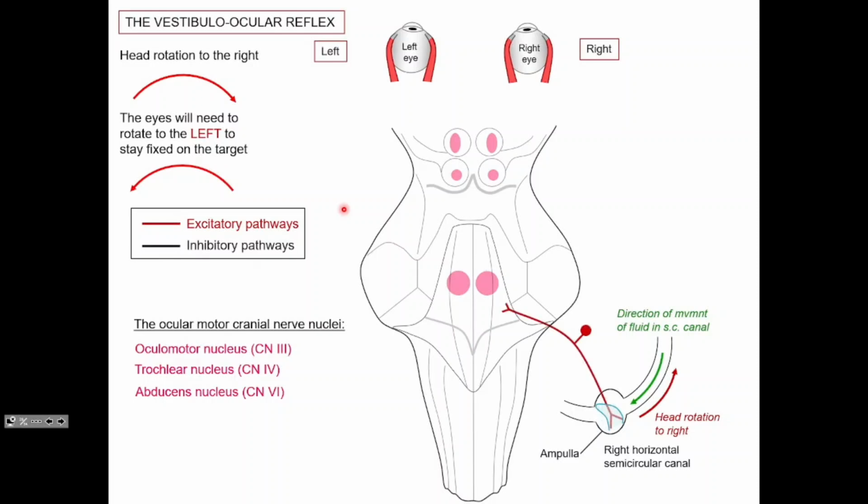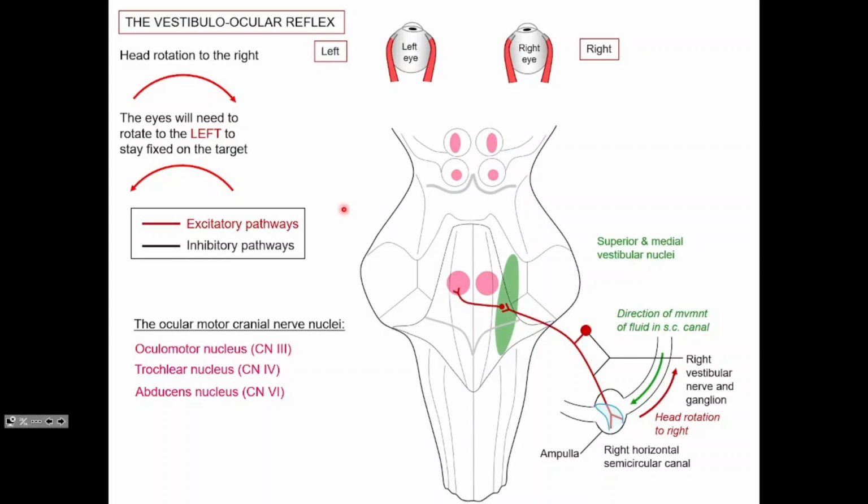The impulses are going through the vestibular nerve, through the Scarpa's ganglion, to the vestibular nucleus, the medial vestibular nucleus. This medial vestibular nucleus is connected to the opposite abducent nerve nucleus.